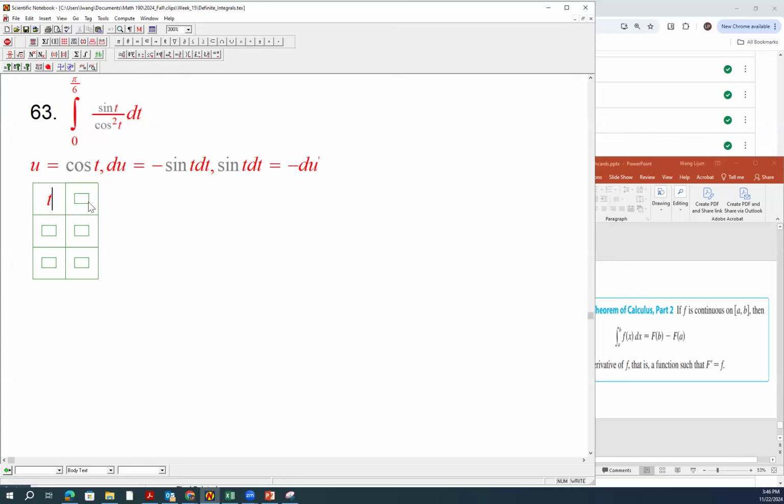And next, the table. We have t, and u equals cosine t. t runs from 0 to pi over 6, and u will run from, when t equals 0, cosine 0 equals 1. When t equals pi over 6, cosine pi over 6 is root 3 over 2.